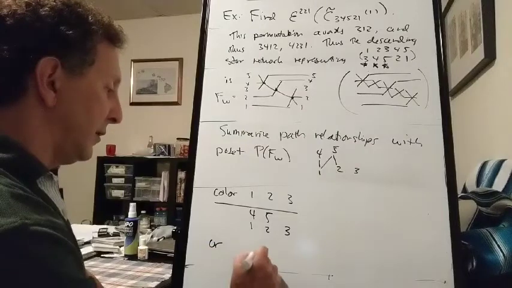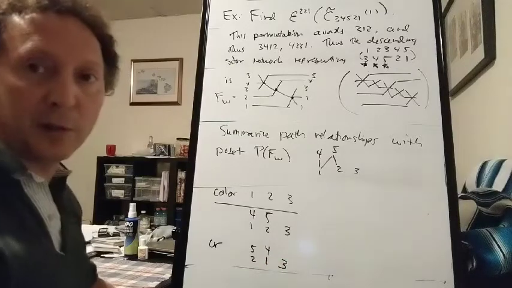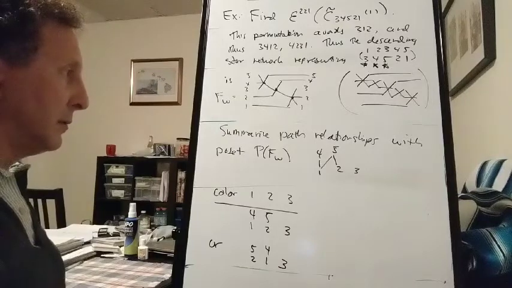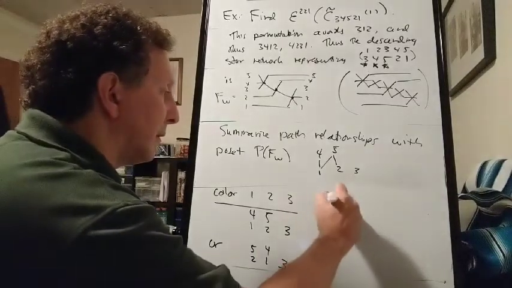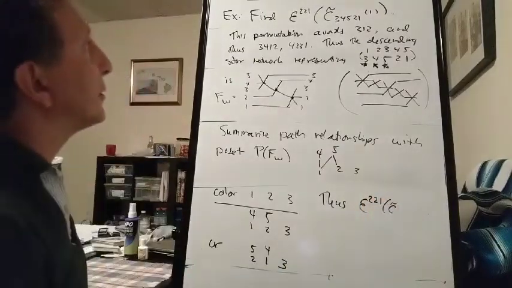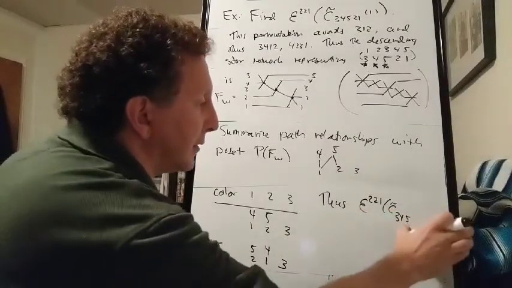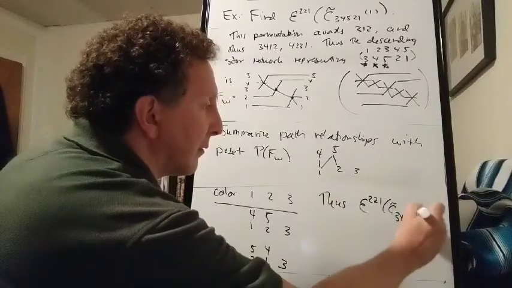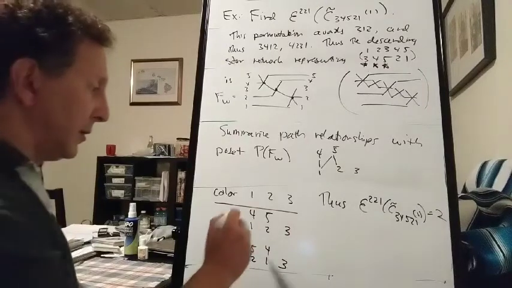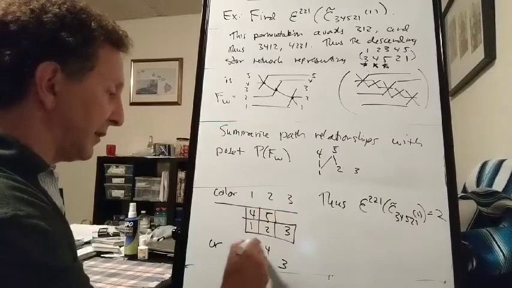Or 2 and 5 could be color 1, 1 and 4 could be color 2, and 3 could be color 3. So those are the only 2 options. So it looks like our evaluation at 34521 is 2 because of these 2 colorings. And actually, we can think of these colorings as tableaux.